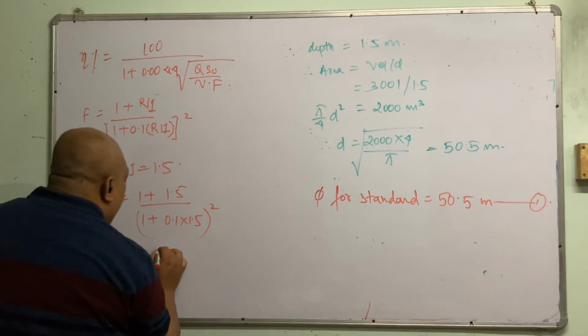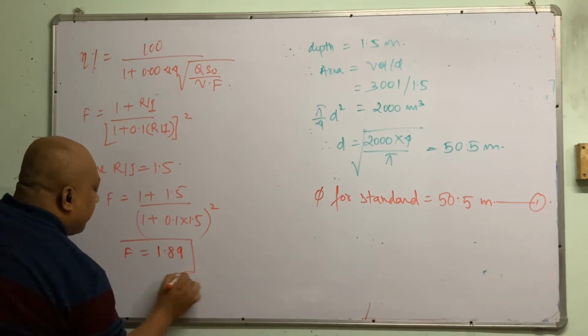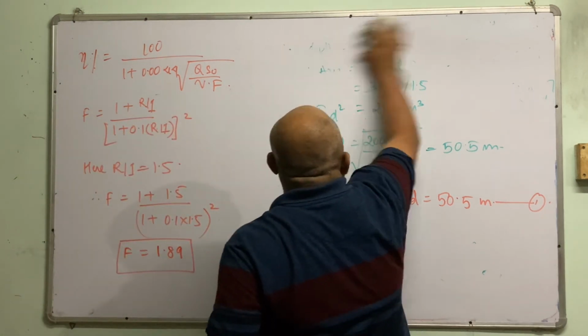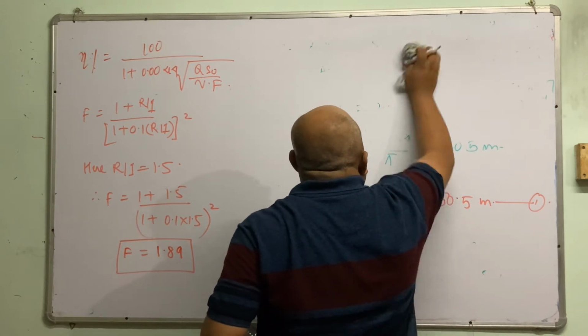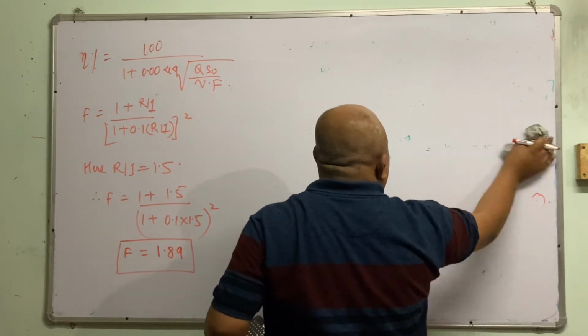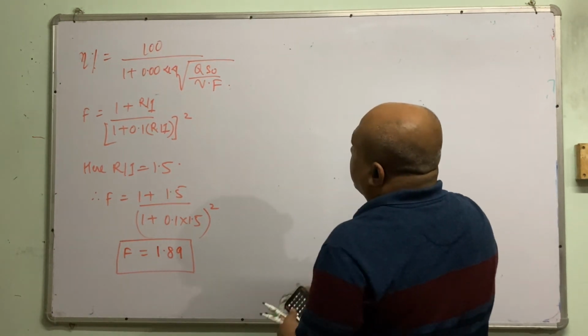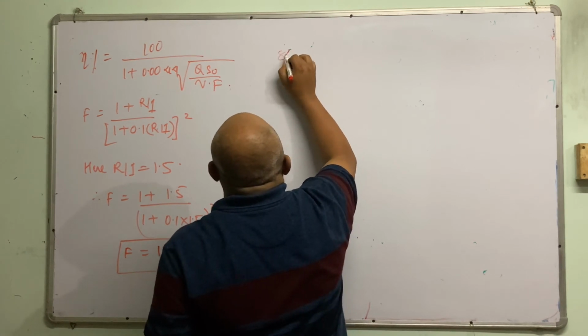So 1.89 is the value of F. Okay, so the next part is, this efficiency is what? 84.